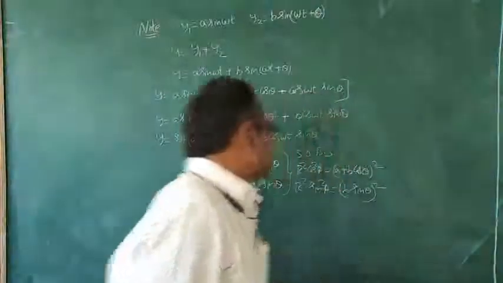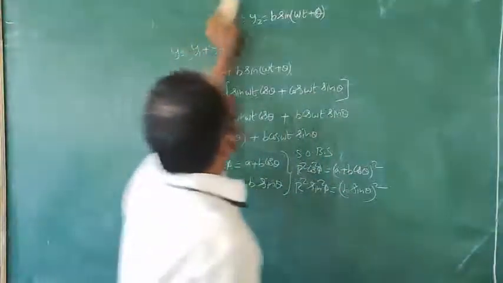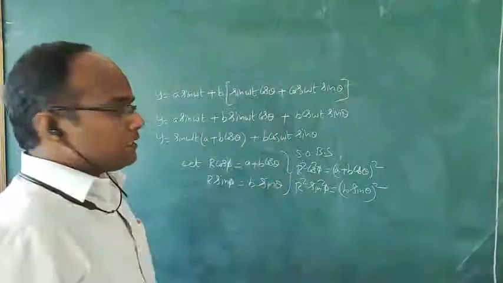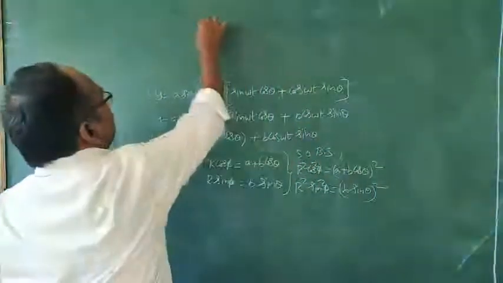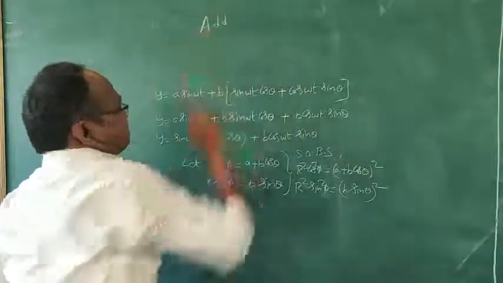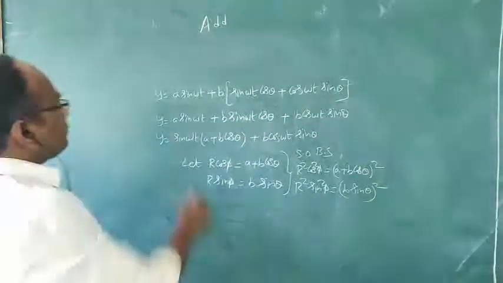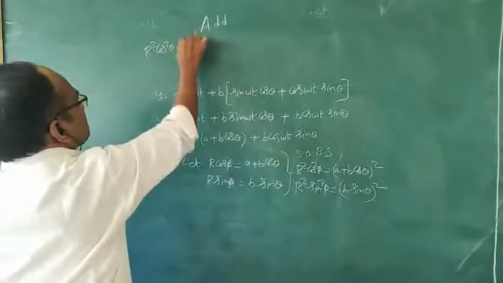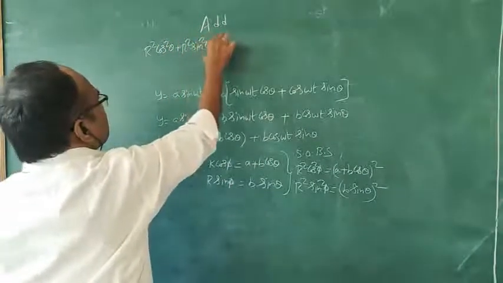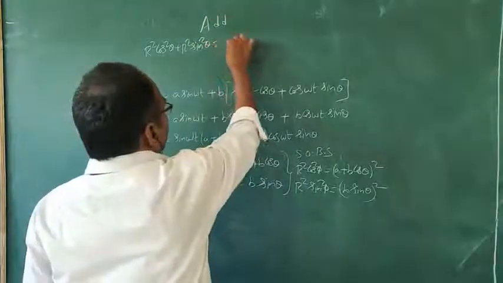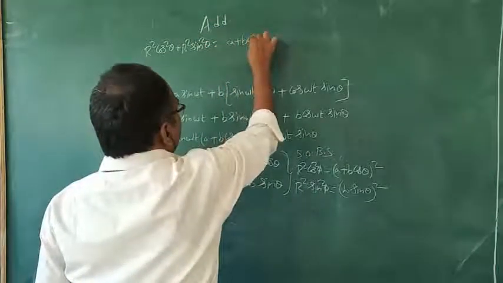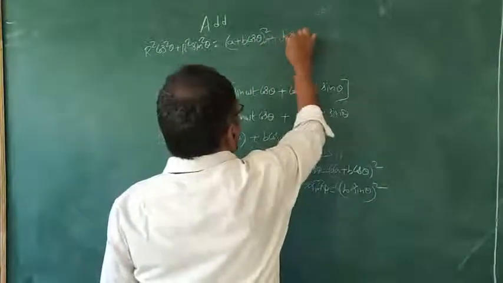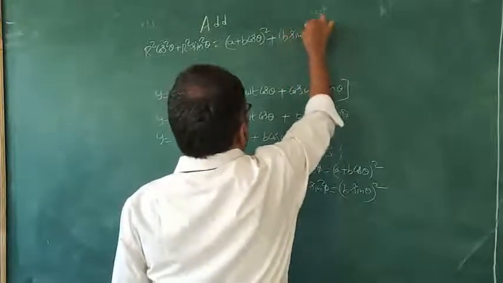So now, what is the value we can get? Squaring on both sides, now what I am doing is adding. So r square cos square phi plus r square sin square phi is equal to a plus b cos theta whole square plus b sin theta whole square.